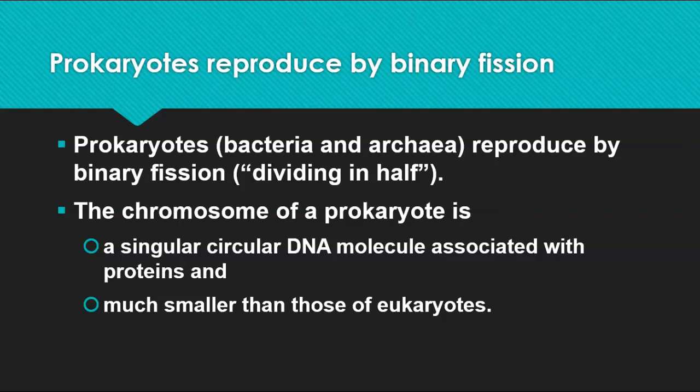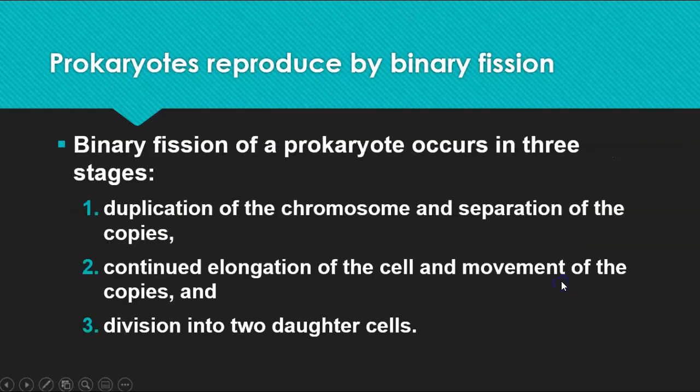The big thing to realize about prokaryotes is, number one, they've only got one chromosome. It's a single DNA molecule that's in a circle rather than a line like you normally think about it, and there are some associated proteins along with it as well. But it's also a lot smaller than the chromosomes you find in eukaryotes. So cell division is a much simpler process in bacteria than it is in eukaryotes like us.